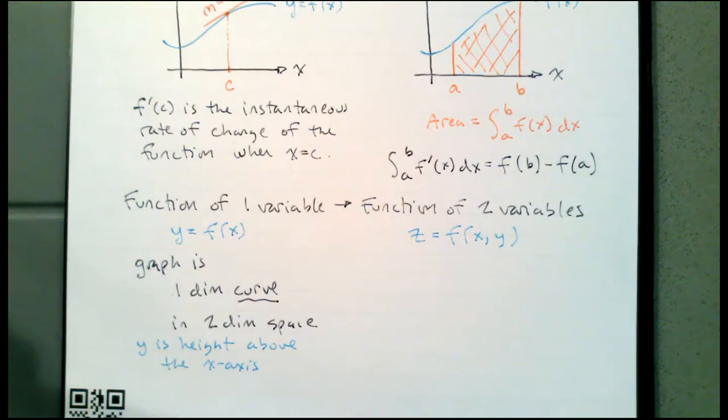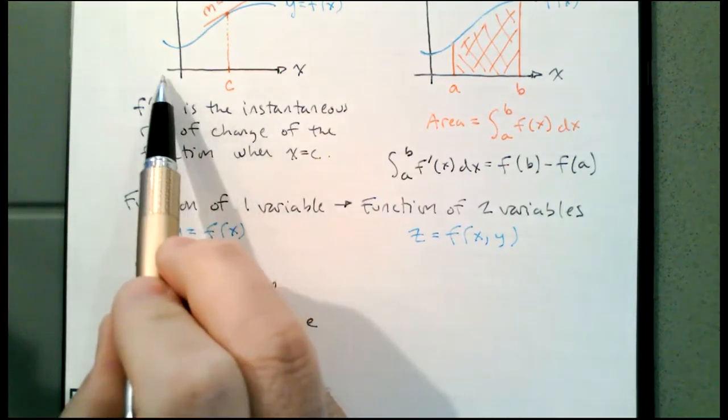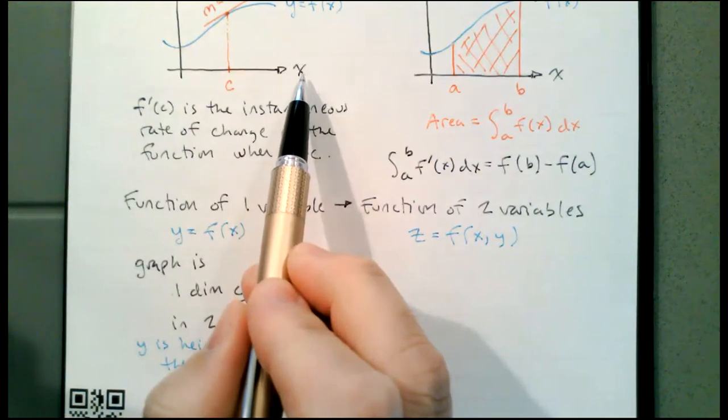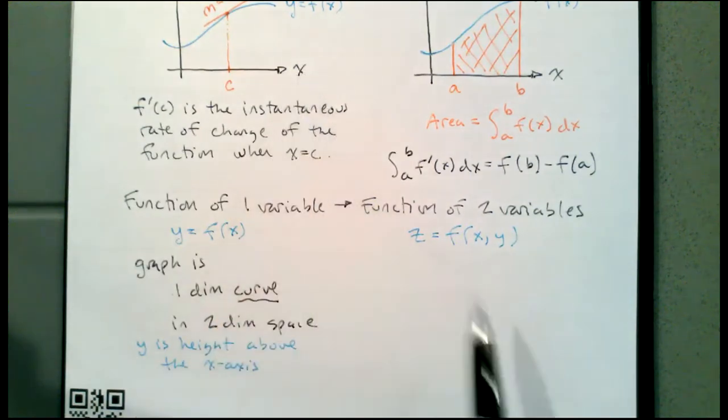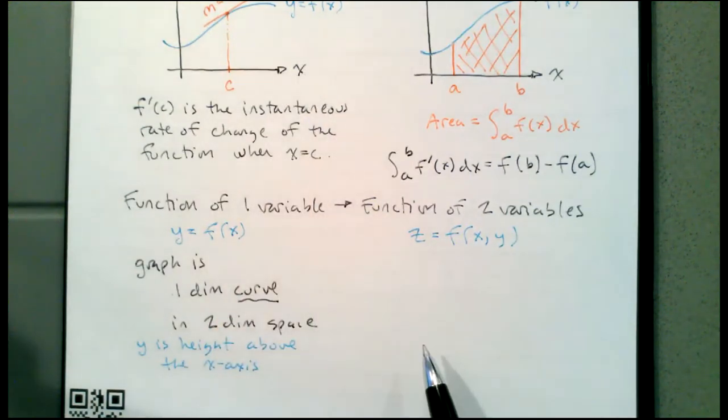So now let's do the same thing when we have a function of two variables. Now for an input, we're taking an x and a y. So rather than having a set of inputs that's just the x-axis, we're going to have a set of inputs that's an x and a y-axis.